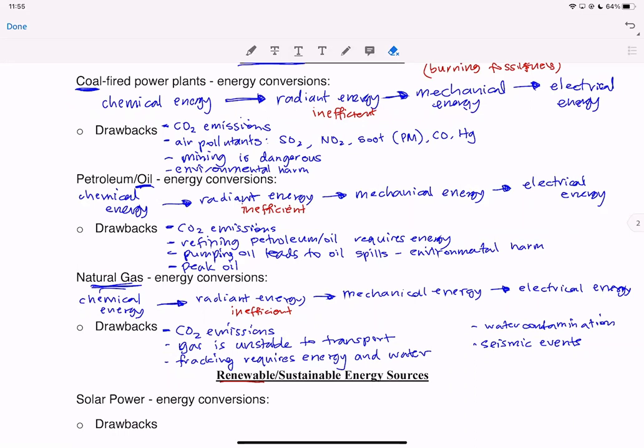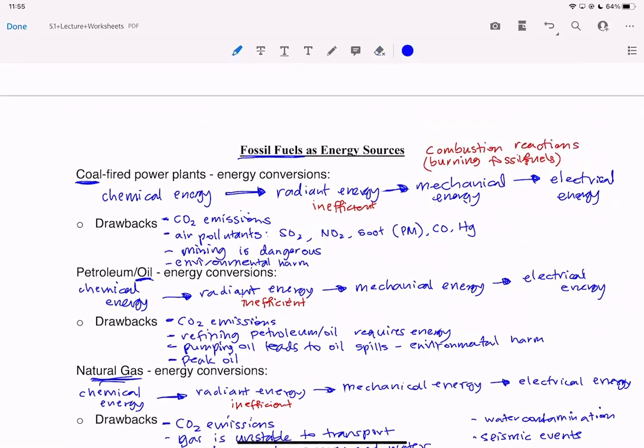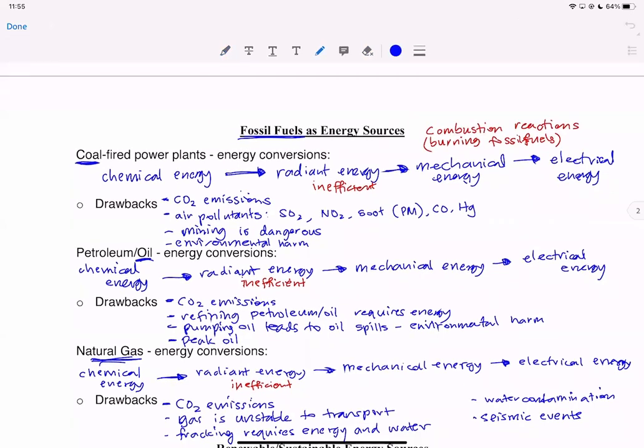But there are daily earthquakes in Oklahoma, less than 3 on the Richter scale, but it's all human generated, and it's because of fracking. So this is something to think about: the burning of fossil fuels is inefficient, and it also contributes carbon dioxide, which we can't have.